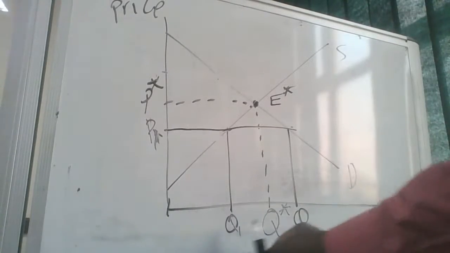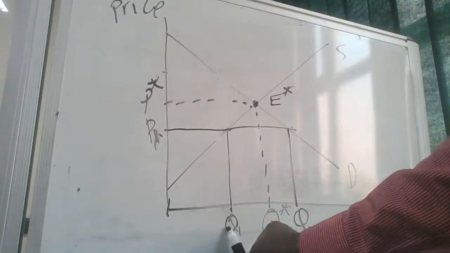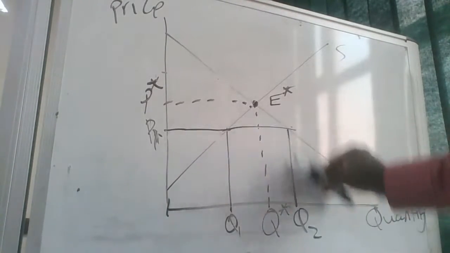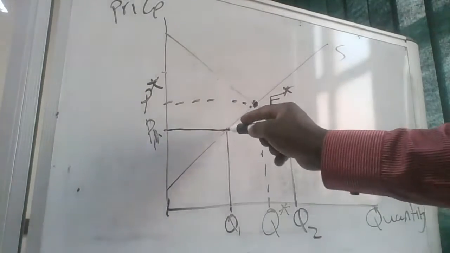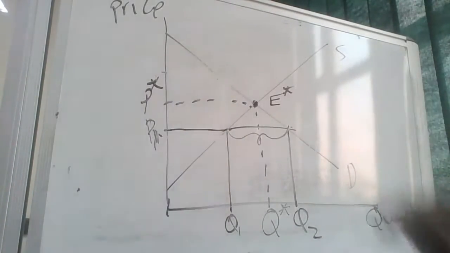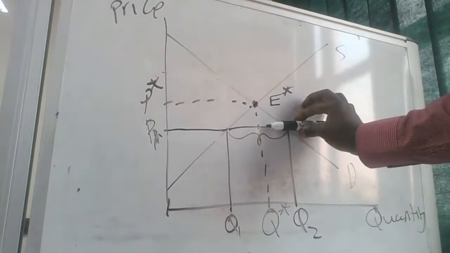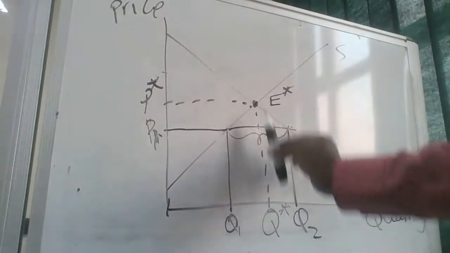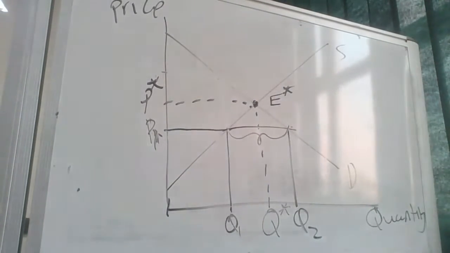Q1 is on the supply side, and therefore we call this the quantity supplied, and Q2 is on the demand side, and we call this the quantity demanded, meaning that there is a gap or a shortage in the market if price is set below the equilibrium. So only at a point where demand and supply are equal are we going to find the equilibrium point.